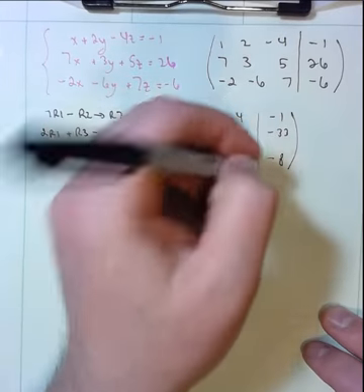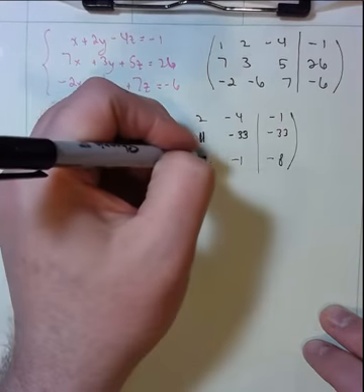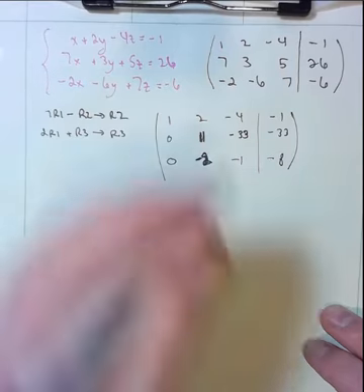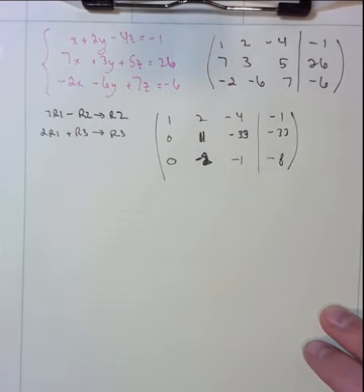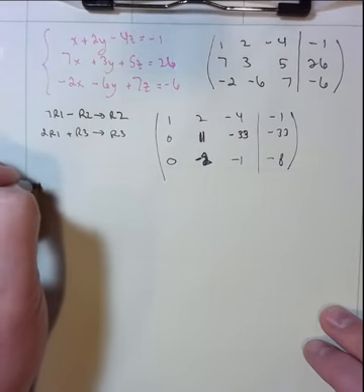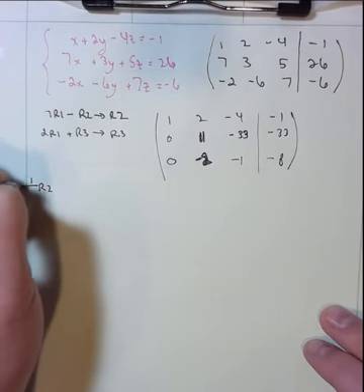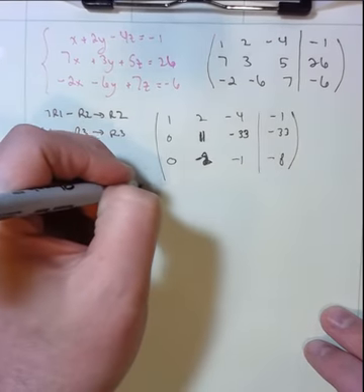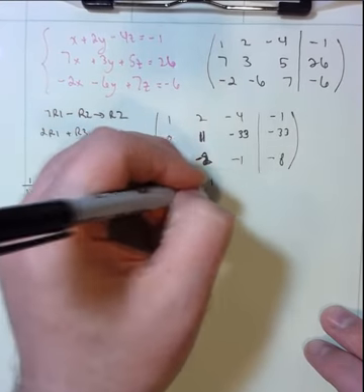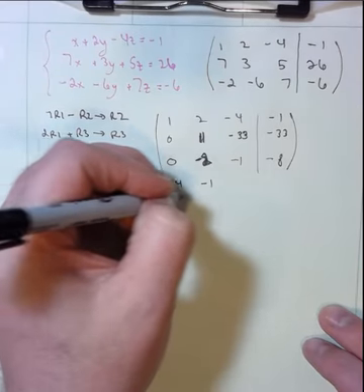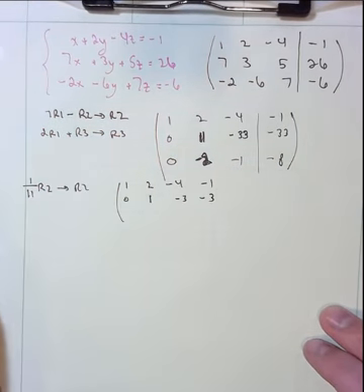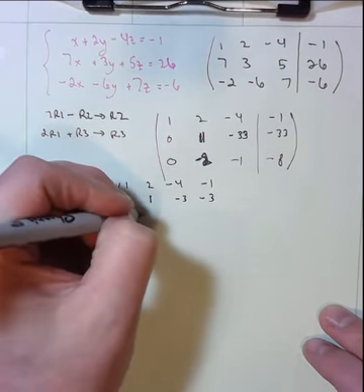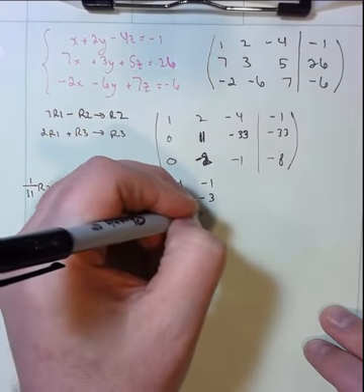And if you like that little vertical line separator, go ahead and put it in. This is negative 2. Let's just make that clear. I'm going to go ahead and clean up row 2 by multiplying by 1/11. So we'll have 1, 2, negative 4, negative 1, 0, 1, negative 3, negative 3. That's much better. 0, negative 2, negative 1, negative 8.